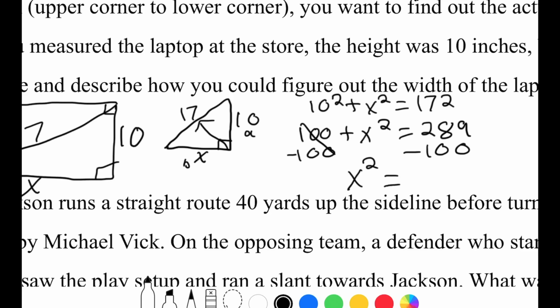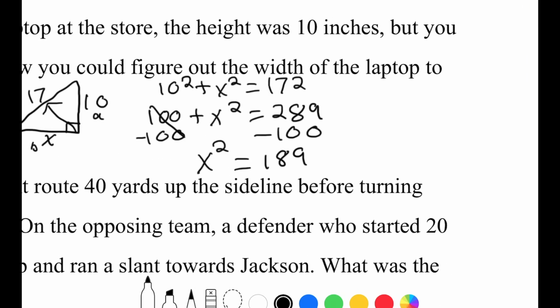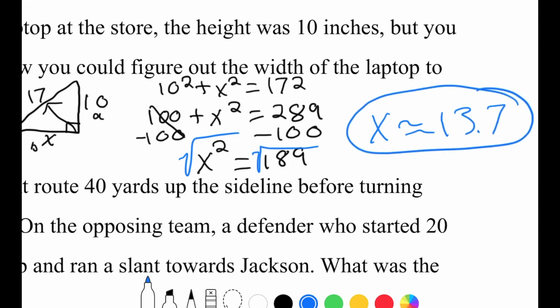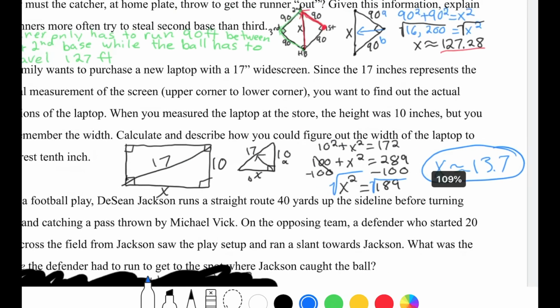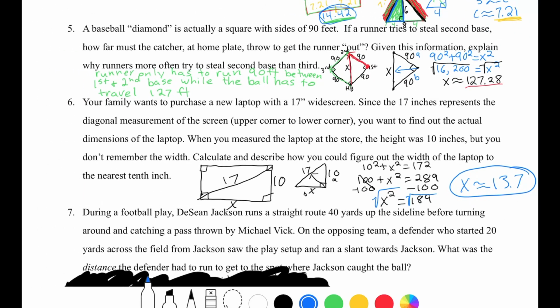And we're going to get 189. Once we get here, we can get the x by itself by square rooting it to get rid of the square. And we get x is approximately 13.7. And that is our answer for number 6.